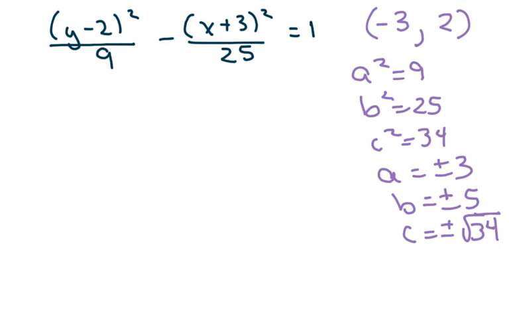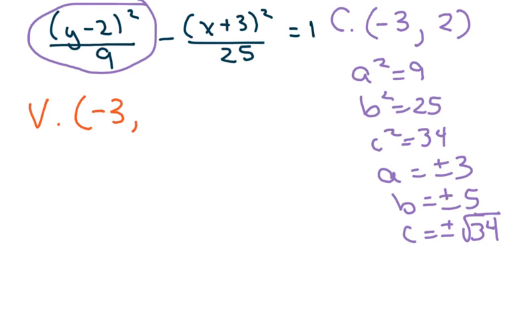All right, so I write down my center. The same thing happened as the last problem, my y starting. So this is my center, and what I do for my vertices is I write down my x and my 2, and I add my a part, which is going to be what? 3.